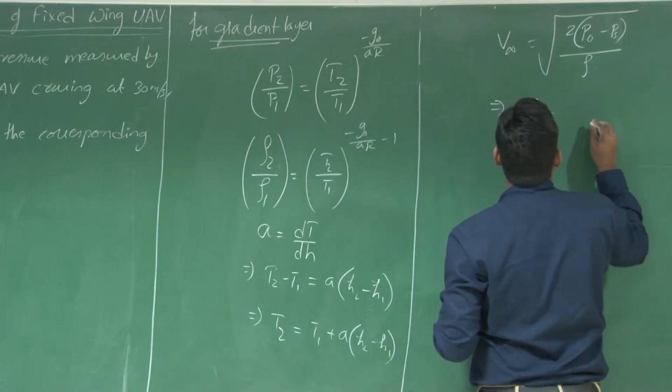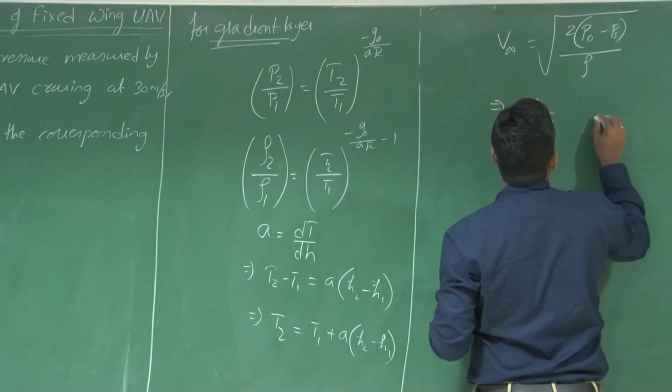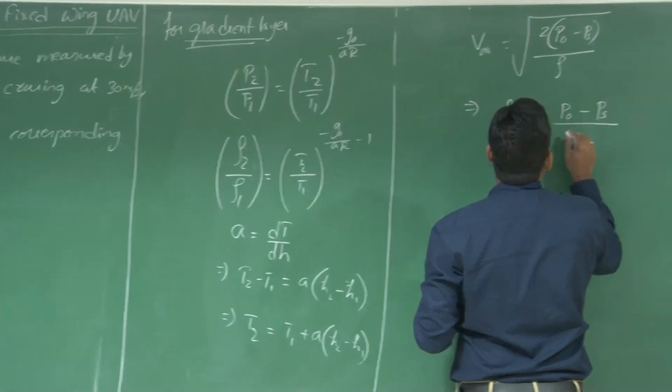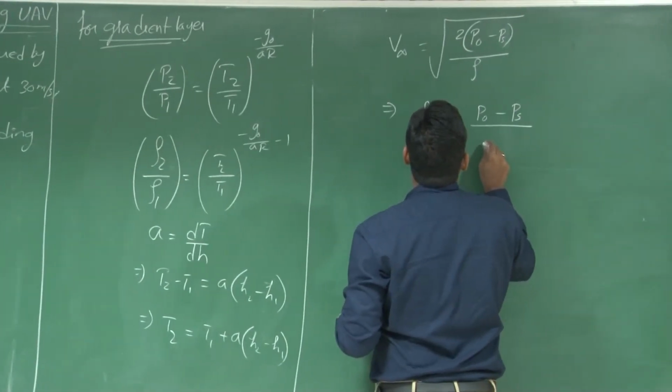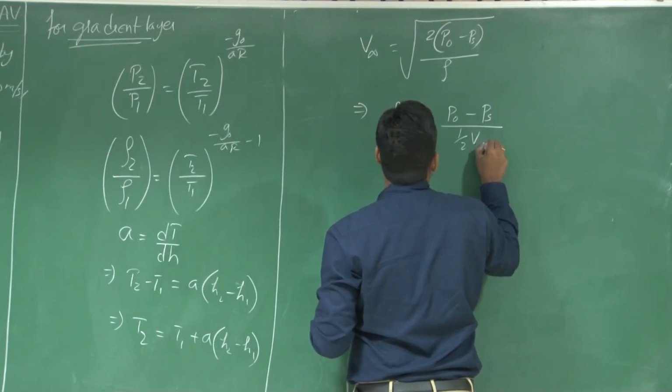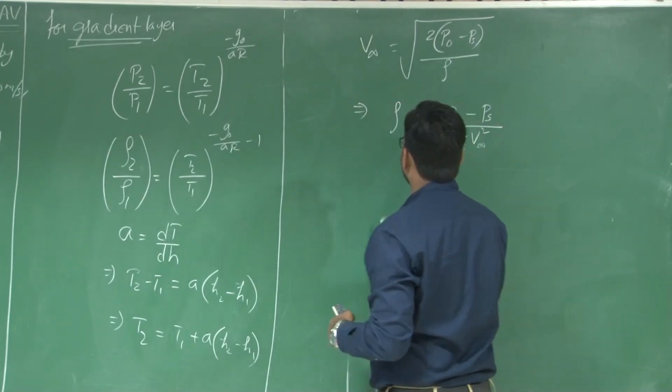Rho is equal to (P naught minus Ps) divided by half V infinity square, right?